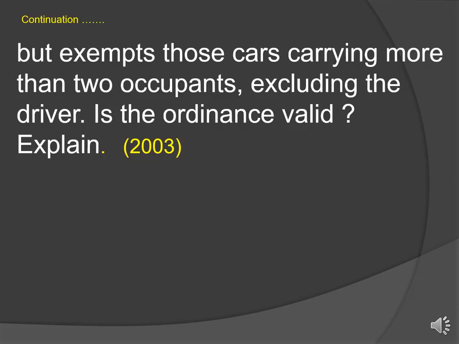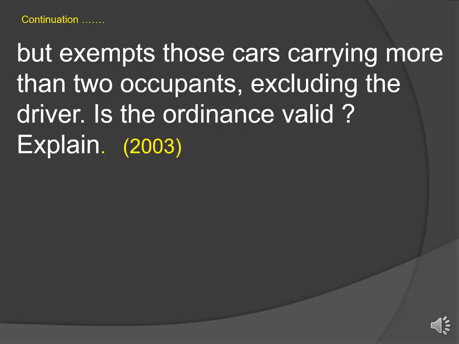First, there must be substantial distinctions between the subjects. In short, they should really be different. Those which have more than two occupants, are they substantially different from those that have less than two occupants? Yes, they are. Is this distinction germane or related to the issue?